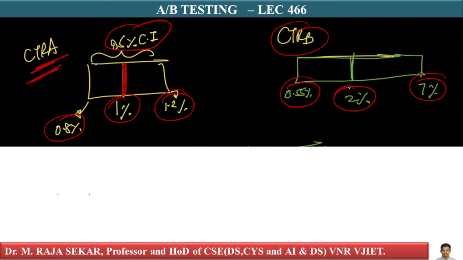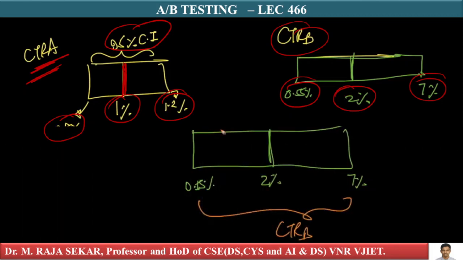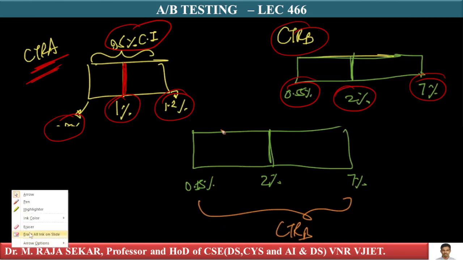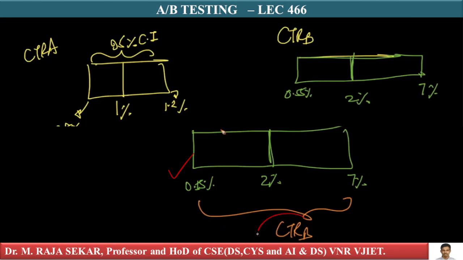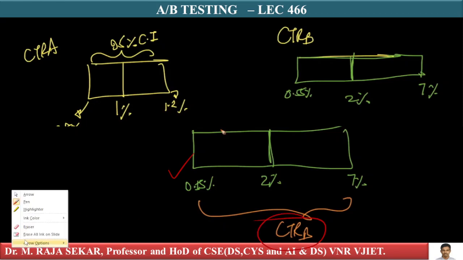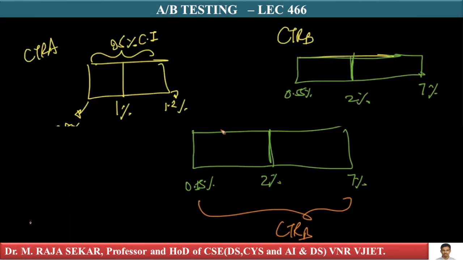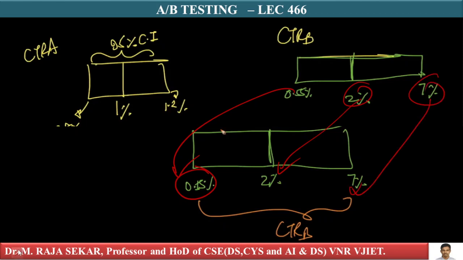Let's overlap both of them. Let me draw it first. This is my CTR of B: 0.55%, 2%, and 7%.